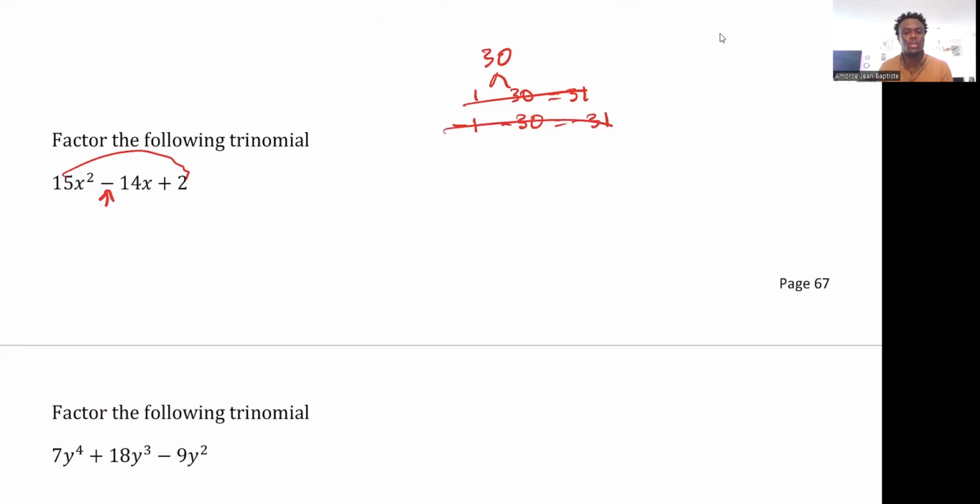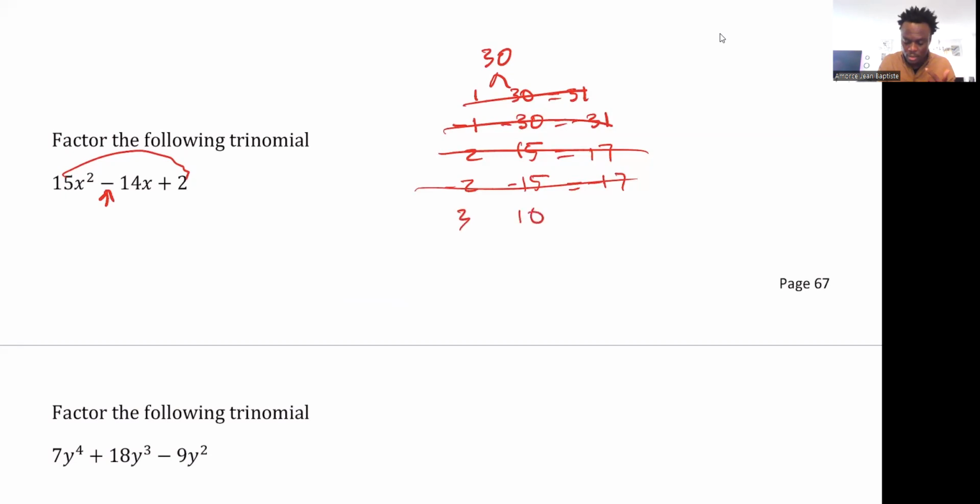What are other factors? I go from 1, I'm going to go down to 2. 2 times what? 2 times 15. When we add them, it equals 17. So that's not the right answer. Let me try -2 and -15 equals -17. These are not right. Let me try 3. 3 times what?